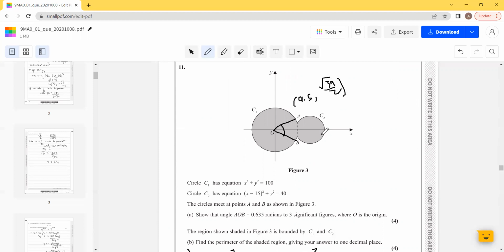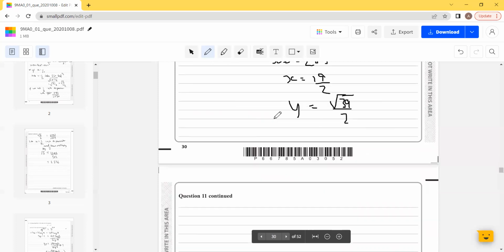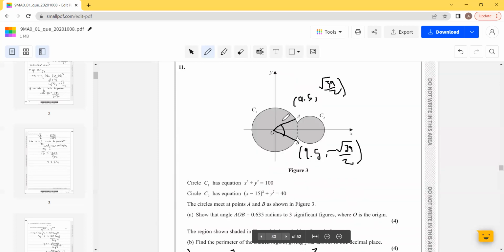Okay, and the coordinates of B are 9.5, minus root 39 over 2. Okay, so now we have the coordinates of A and B, and we're trying to find angle AOB.